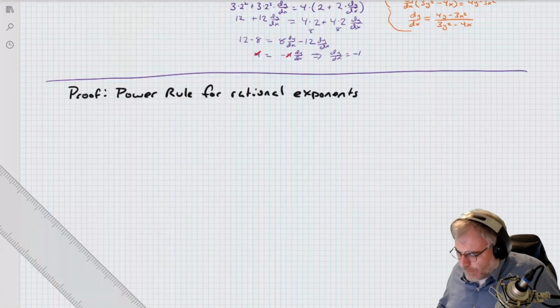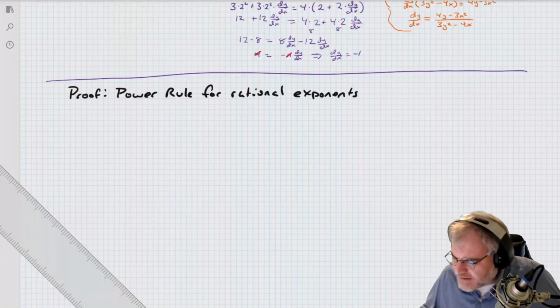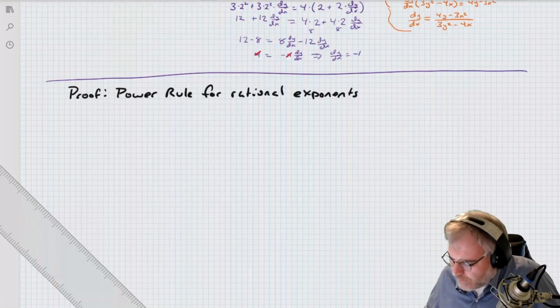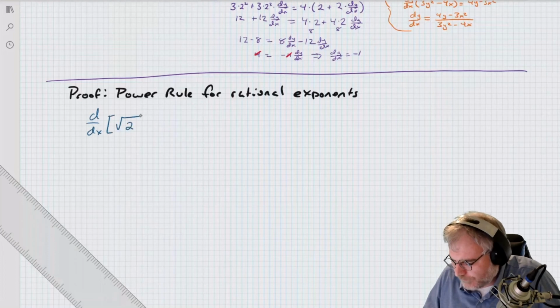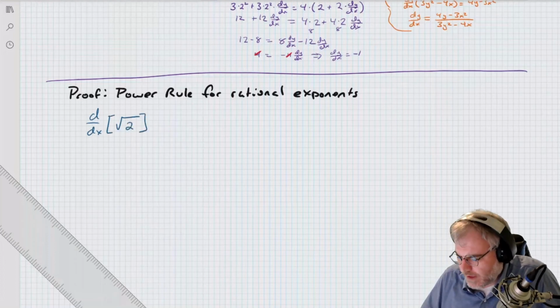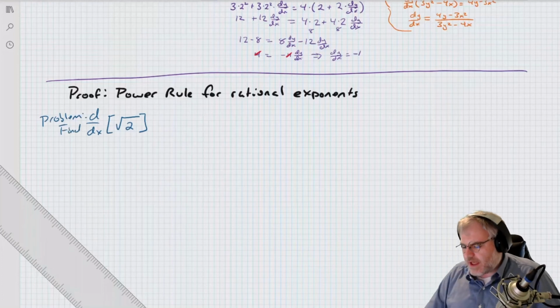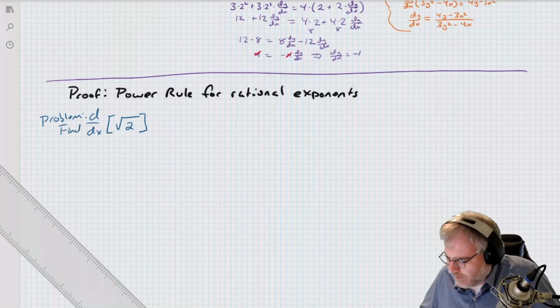Let's do an example. Okay, let's say I want to do the square root. So let's do d over dx of the square root of 2. Okay, this is the problem. Find dy over dx for the square root of 2.